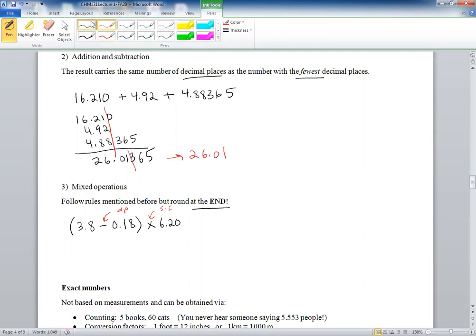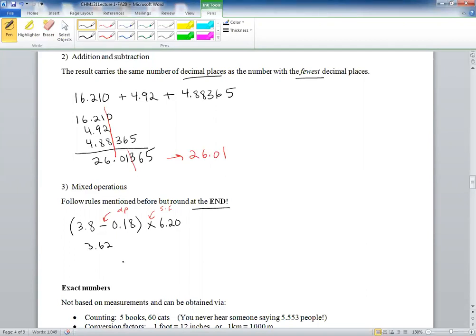We go on with the first number, and we subtract the 0.18 from the 3.8. So we say 3.8 minus 0.18. And you get a 3.62.